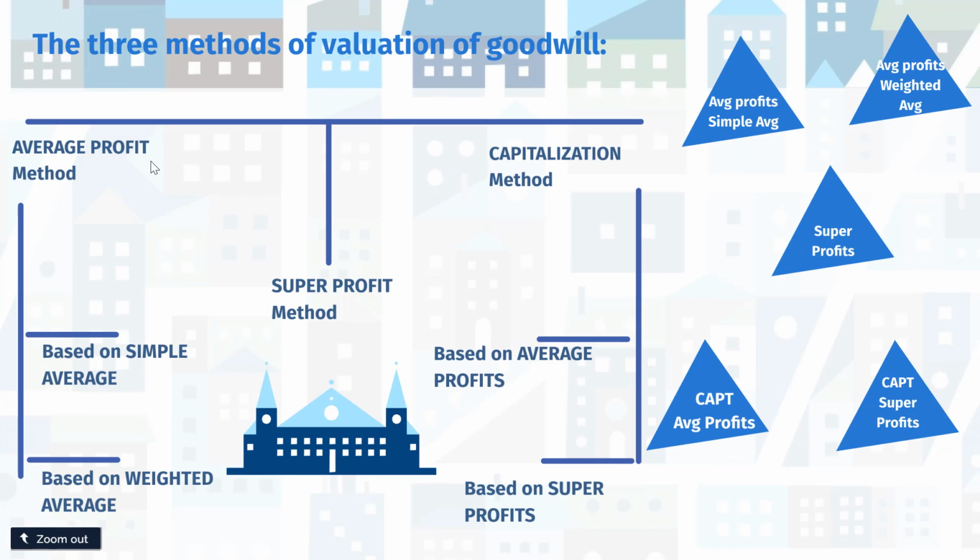Now, the average profit method is divided into two. The first is based on simple average and the second one is based on weighted average.